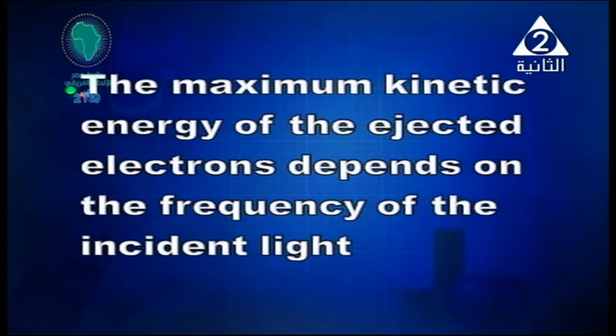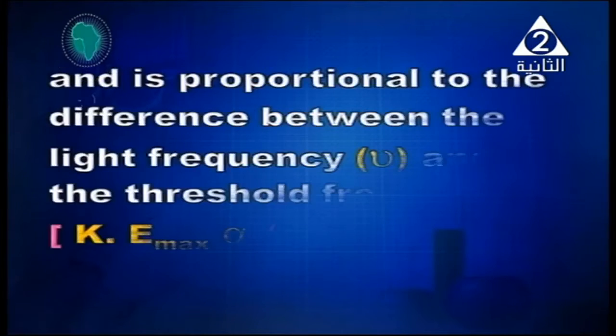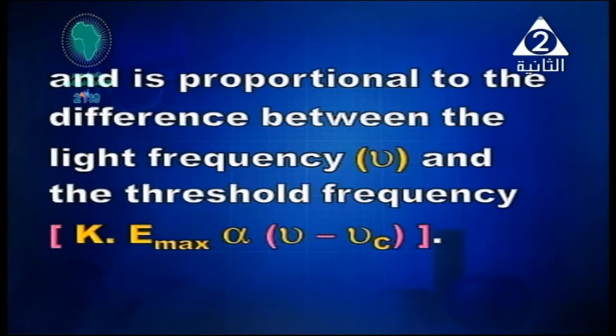It is a fact that the kinetic energy of the emitted electrons depends on the frequency of the incident radiation, not the intensity of the incident radiation, and is proportional to the difference between the light frequency nu and the threshold frequency. So the maximum kinetic energy of the freed photoelectrons is proportional to the difference between nu and the threshold frequency, nu c.